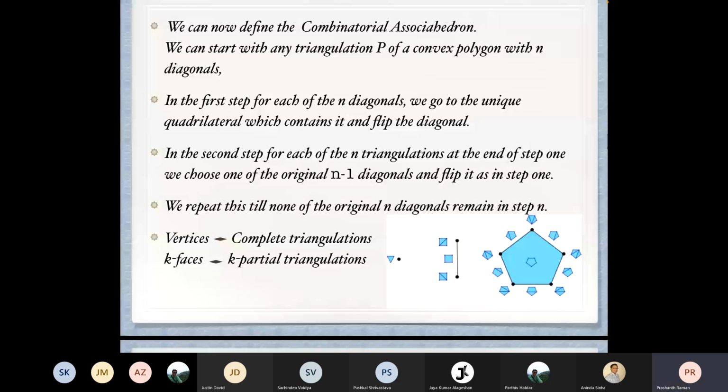Each diagonal is contained in some unique quadrilateral, so by a flip I mean going to that quadrilateral and replacing the diagonal by the other diagonal. For example, in the picture here, the triangulation is just dividing the square into two triangles, and the flip would be to replace that diagonal by the other diagonal.